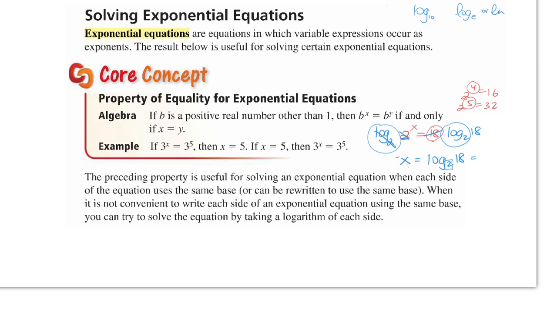So if I want to change the base here, I could do common log of 18 over common log of 2, or I could do natural log of 18 over natural log of 2. Either way, when I do the math, I'll get x equals approximately 4.17, which makes sense because we calculated it's somewhere between 4 and 5. It's in the range. Always check your range.